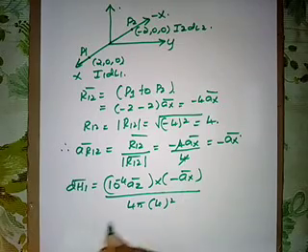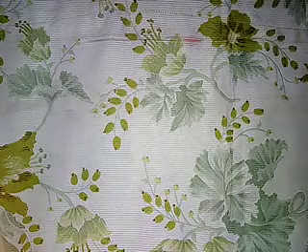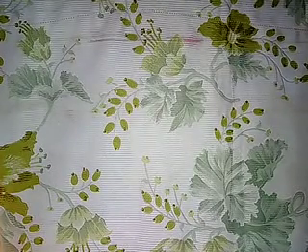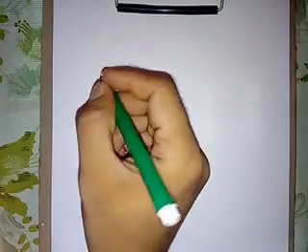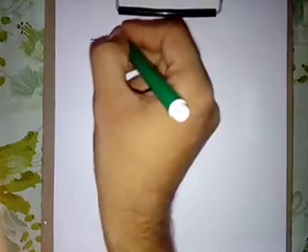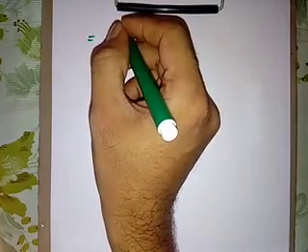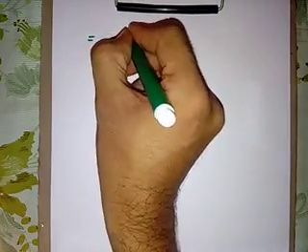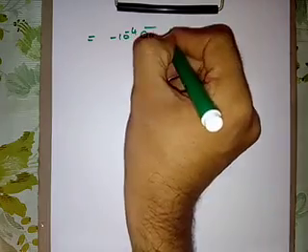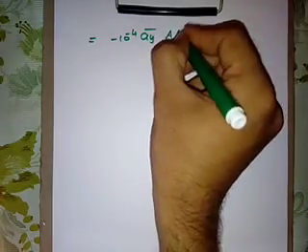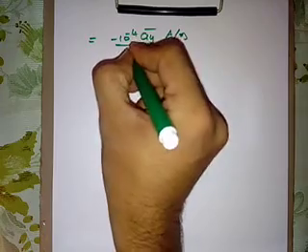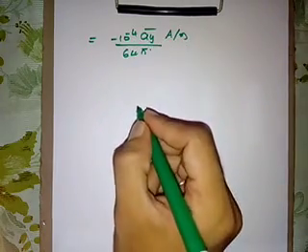So on simplification we get this equal to 10 raised to minus 4 ay bar ampere per meter, this divided by 64 pi.